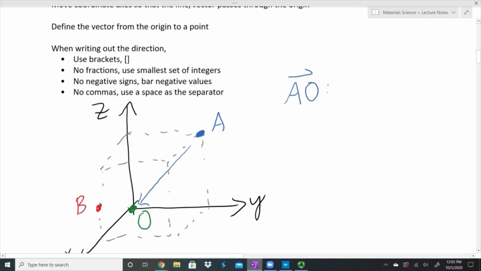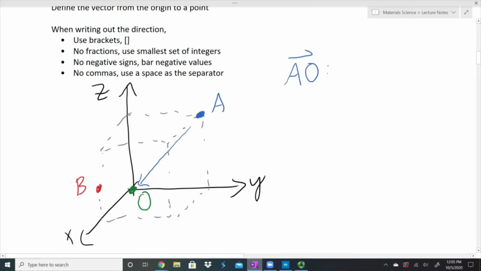I mentioned that we're going to end up using square brackets. We're not allowed to use fractions, so we're going to use our smallest set of integers that are possible. There's no negative signs, so we're going to bar for negatives. We're not going to use commas. Well, first, let's just take this a little bit slow.